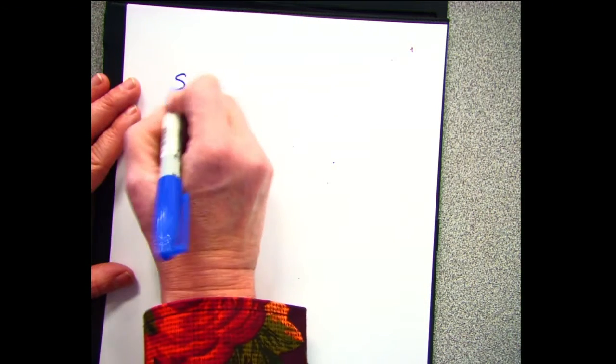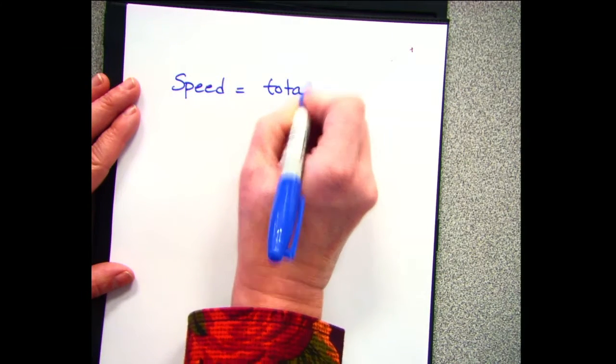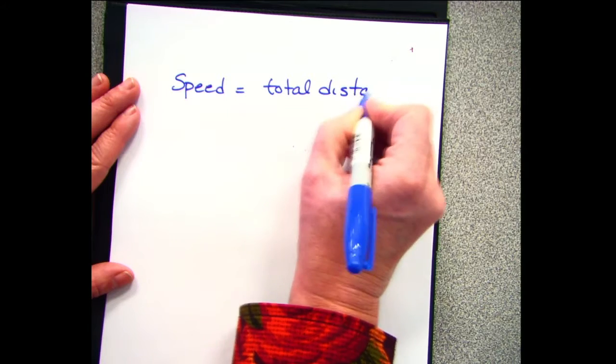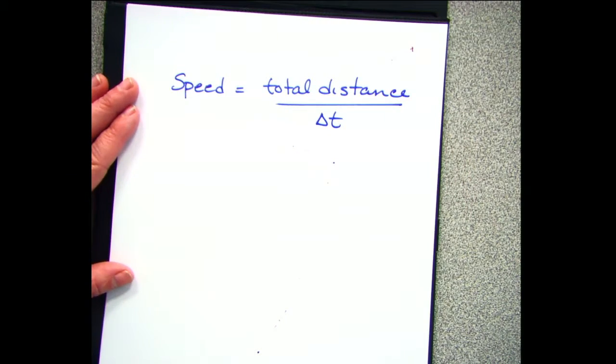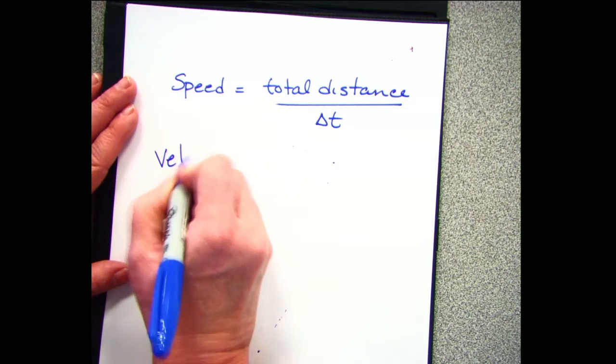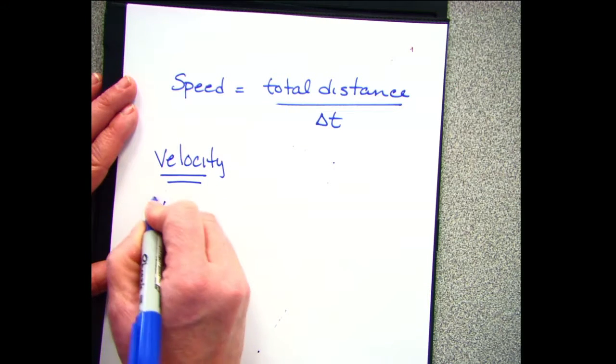Speed is this thing where we look at total distance divided by the change in time. That's speed. Velocity, and what we're ultimately going to find out is velocity is a vector.